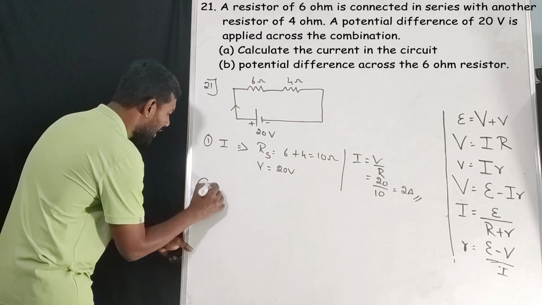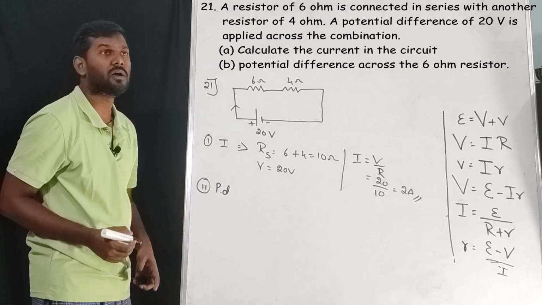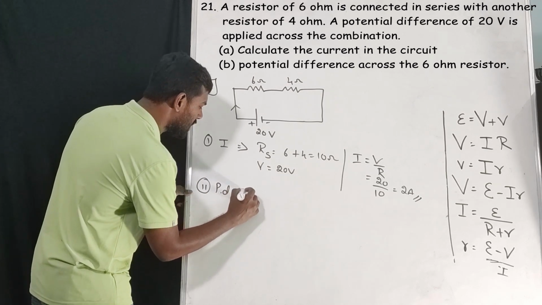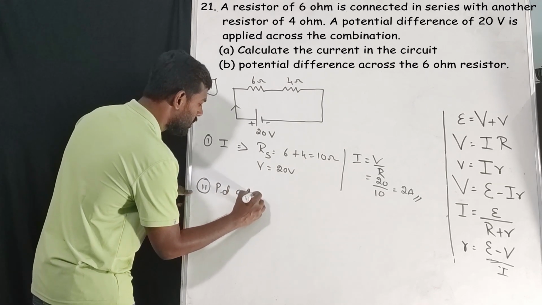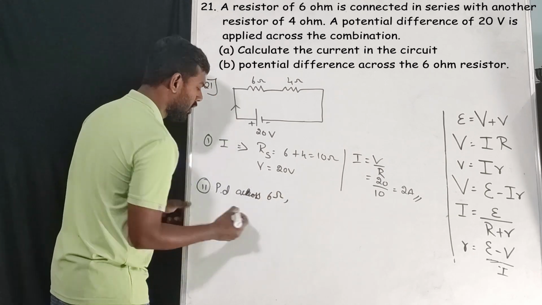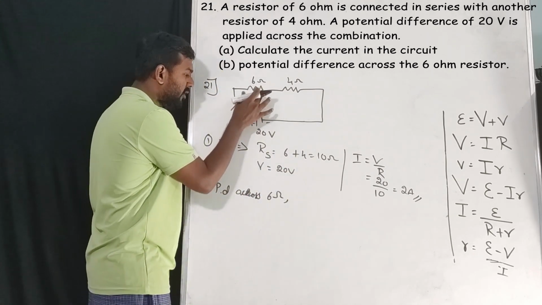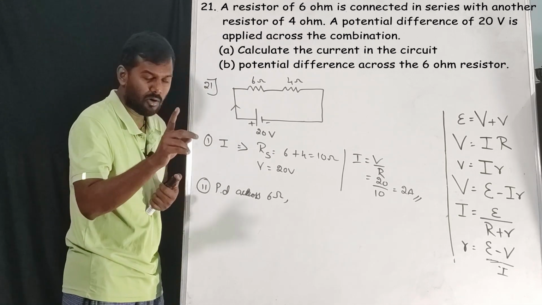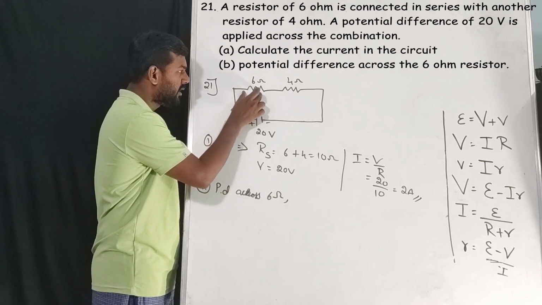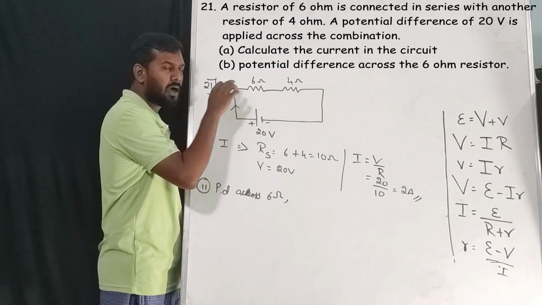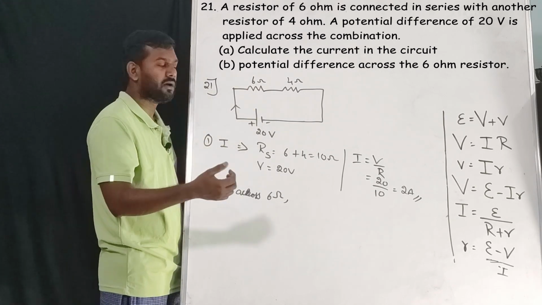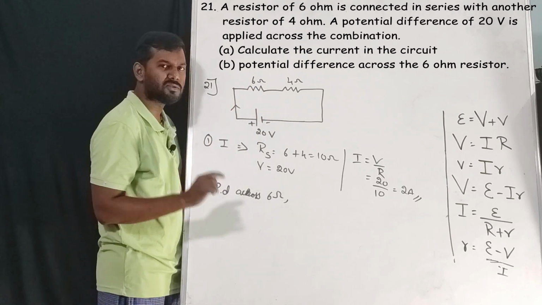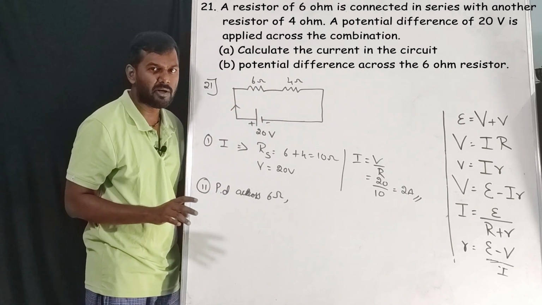Next we have to find the potential difference across which resistor? The 6 ohm resistor. Whenever they specifically talk about only one resistance, listen. If they ask for the current across the 6 ohm resistor and the current across the 4 ohm resistor, don't you think it will be a different value?